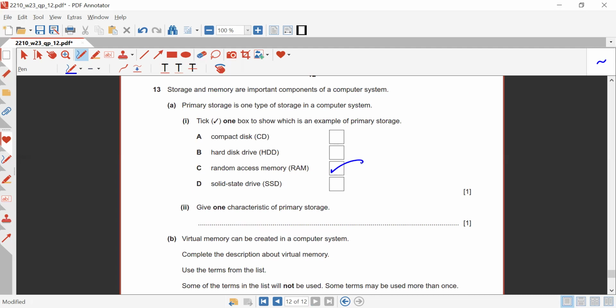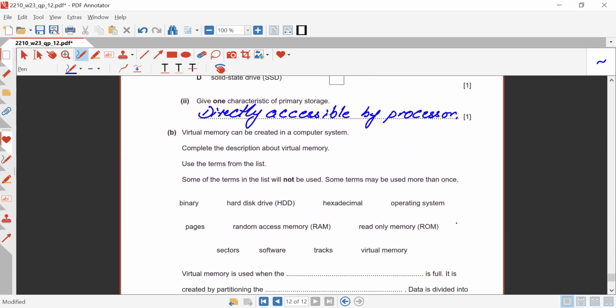The other characteristic is that it is directly accessible by the processor. You can write CPU as well. That's fine. So we have two things here, volatile and non-volatile.